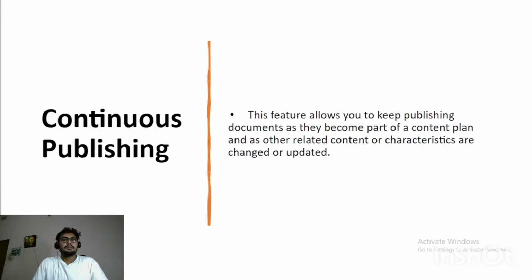And the continuous publishing, we have this feature as well, and this feature allows users to keep publishing documents as they become part of a content plan, and as other related content or characteristics are changed or updated. So when you work with the RIM publishing feature, the enable continuous publishing feature is also there in the submission section.